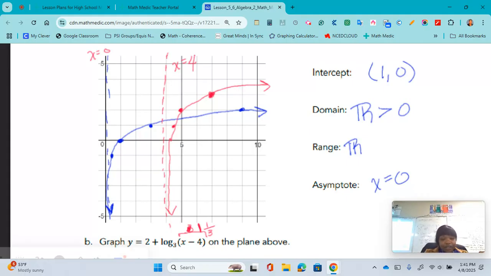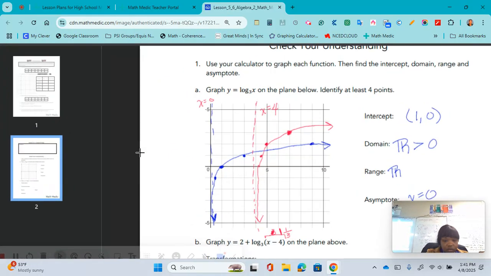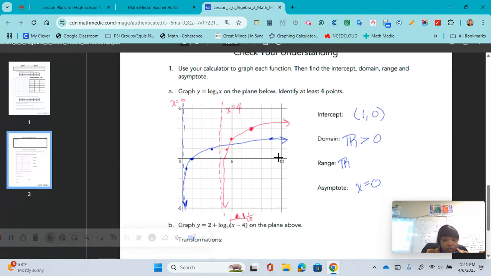All right, let's explain the transformation. What happened to our function? From the blue to the red, it shifted to the right how much? 1, 2, 3. All right, we could base it off of the asymptote. This asymptote was at x equals 0, so it shifted to the right by 4. So this is right 4.